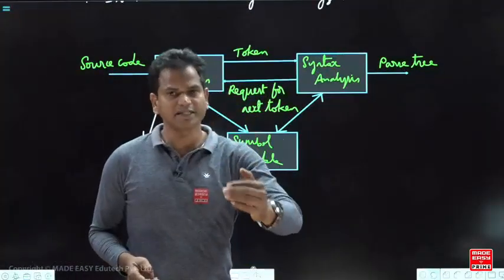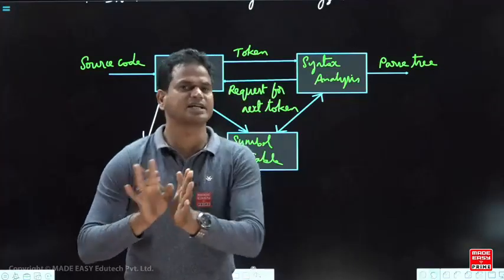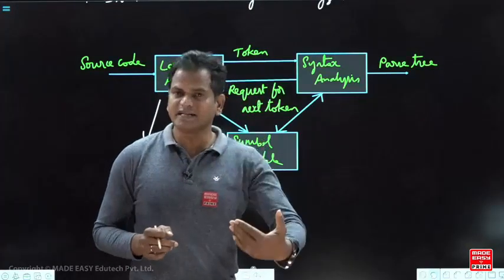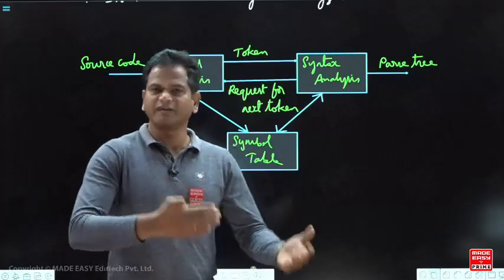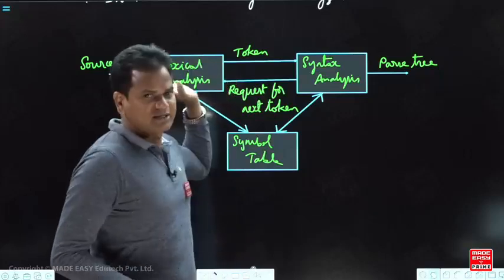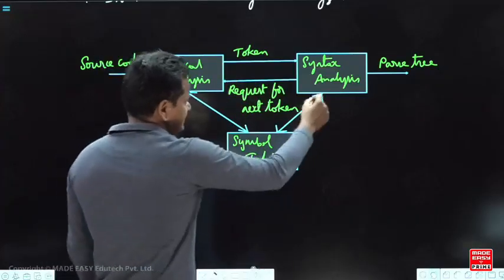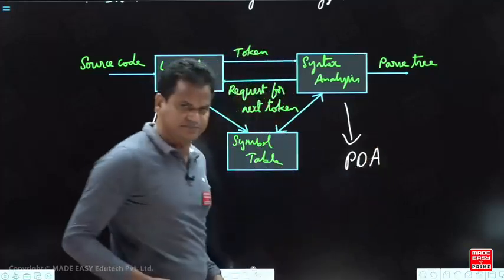For those tokens we write regular expressions. For the regular expressions we construct the finite automata. That finite automata will be used in lexical analysis. And in syntax analysis, the machine used is push down automata.